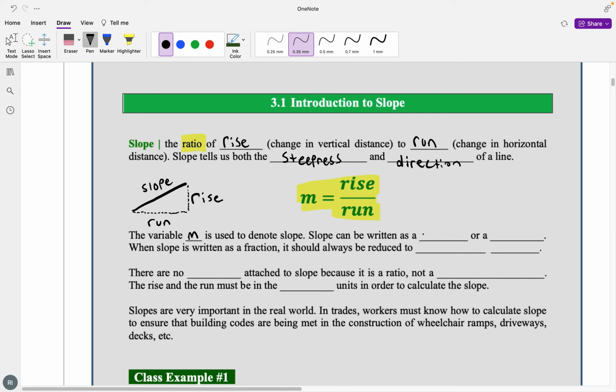Slope can be written as a fraction or as a decimal. When the slope is written as a fraction, it should always be reduced to lowest terms.